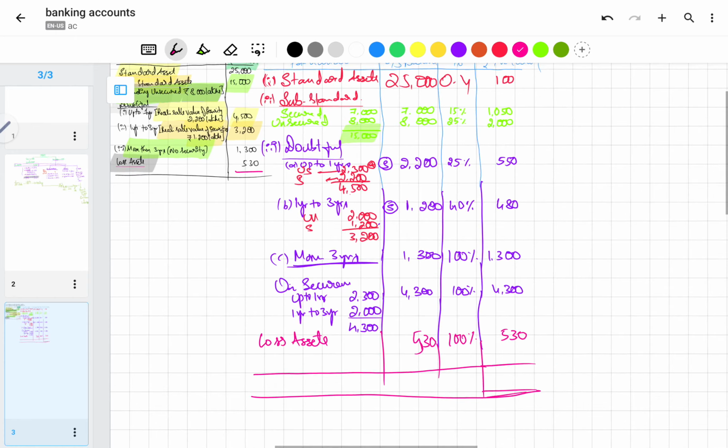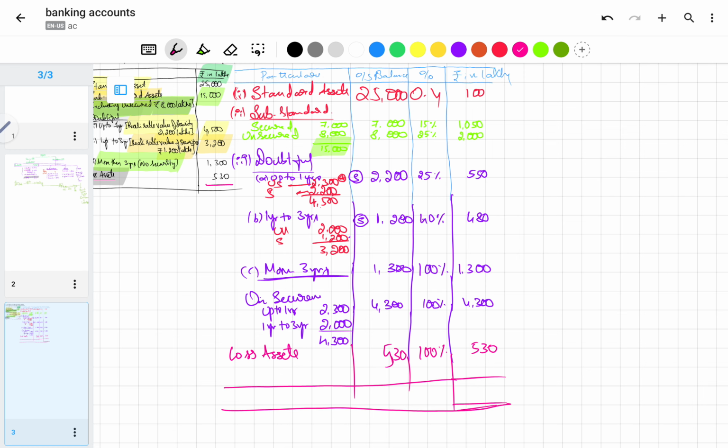Now add up all this. 100 plus 1,050 plus 2,000 plus 550 plus 480 plus 1,300 plus 4,300 plus 530. This amounts to rupees 10,310 lakhs.